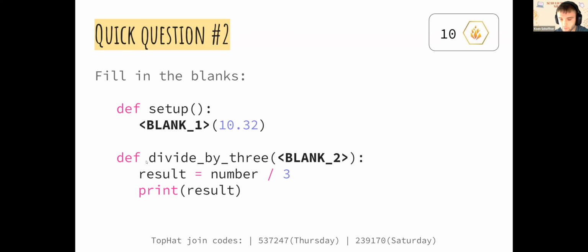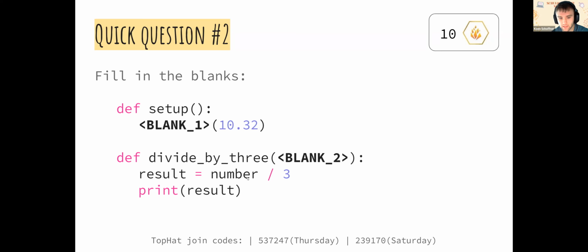Remember when I said to create function names that somewhat pertain to the functionality of that function? In this function, the name is divide by 3, so we want to divide some number by 3. We're not dividing our result by 3. Result is the result, or in this case, not the difference, the quotient of whatever number we pass in divided by 3.